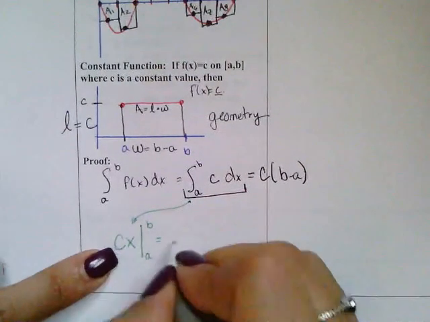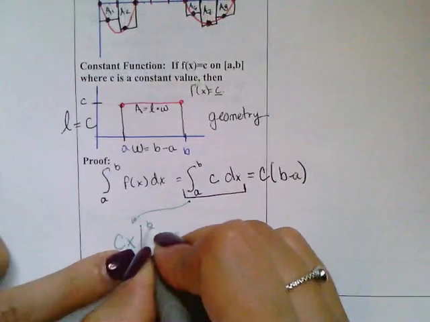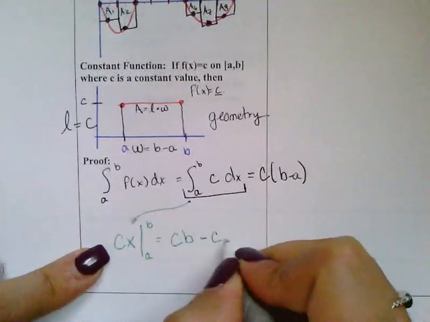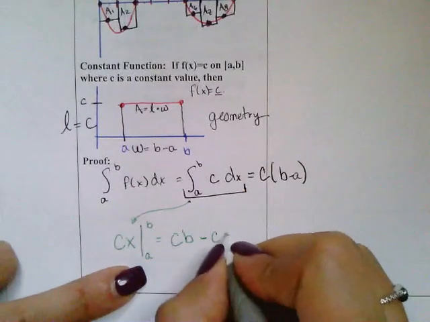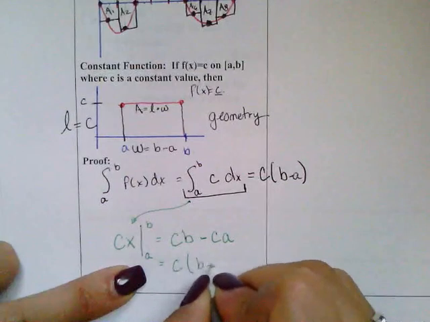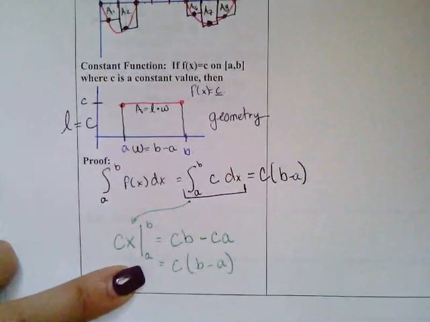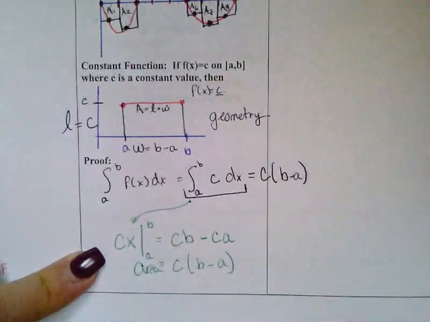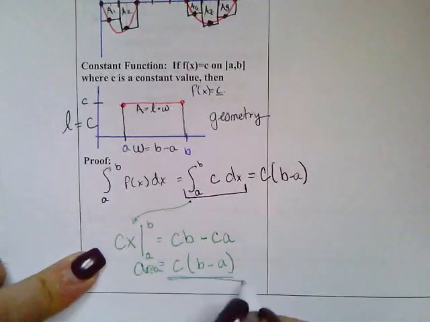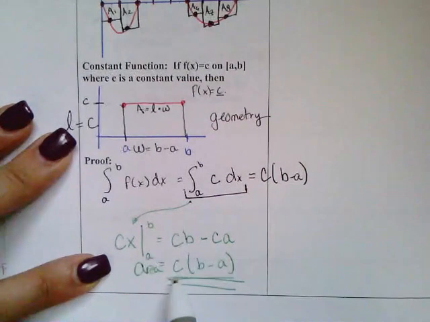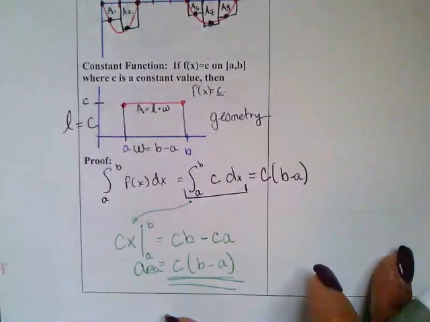So now we take c times the upper limit minus c times the lower limit, and then this gives us c times b minus a. And that is our area. So whenever you have a constant function, all you have to do is really multiply length times width.